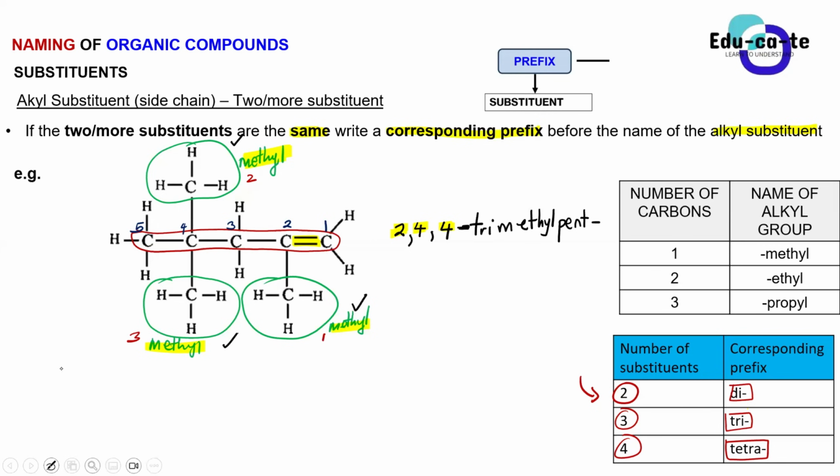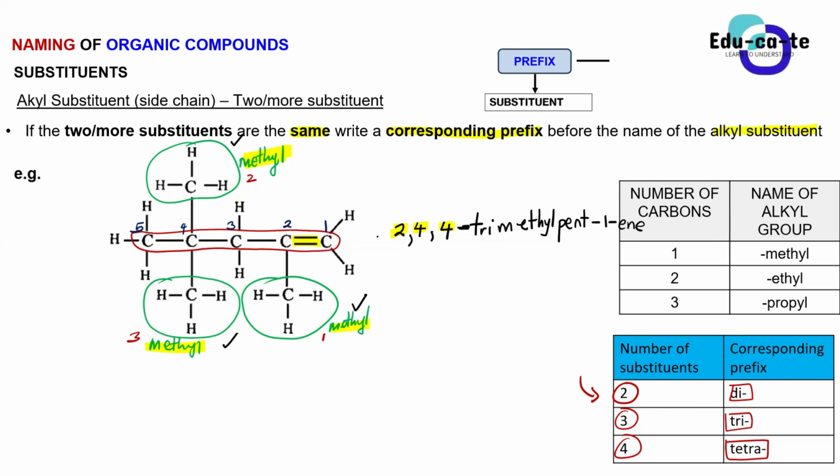But when it comes to naming, remember, you take the lowest numbered carbon between them. So this must have what? Pent 1. And then since these are alkenes, you must end with an "ene" at the end.